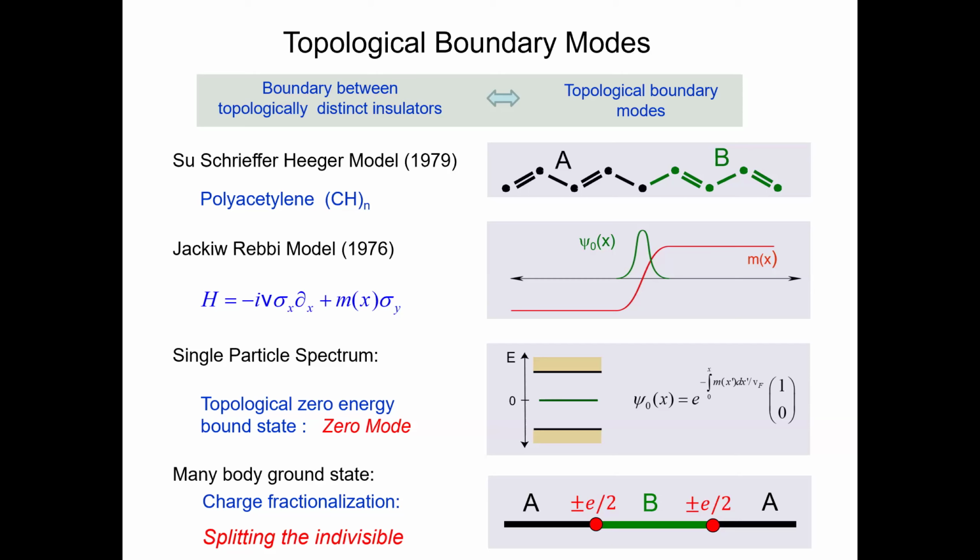There's a big energy gap between the occupied and empty states. Except if you have a domain wall between the A phase and the B phase, then you can see that there's one site that is left alone, not coupled to anything, so it stays at zero.